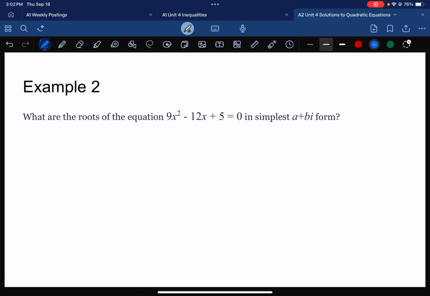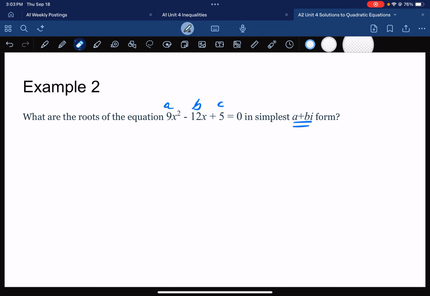Okay, so on this one, I'm definitely going to QF this thing, all right? So they asked me to write the answer in a plus bi form, okay? So that just means a real number and then an imaginary number. So here's our a value, our b value, our c value.